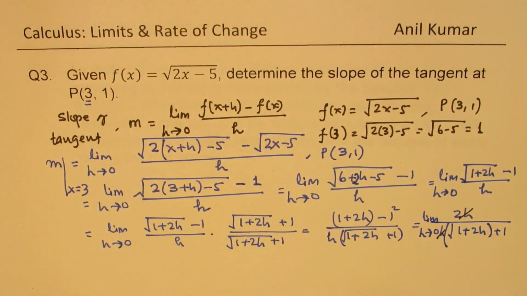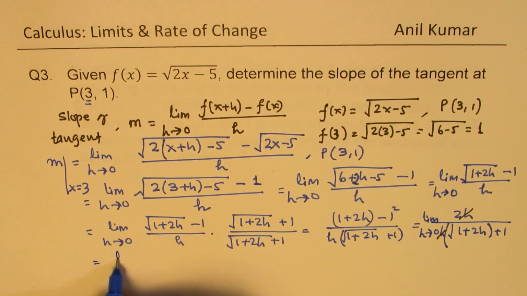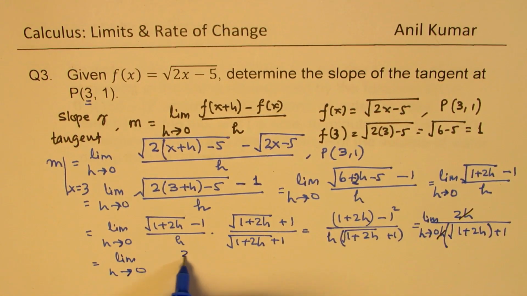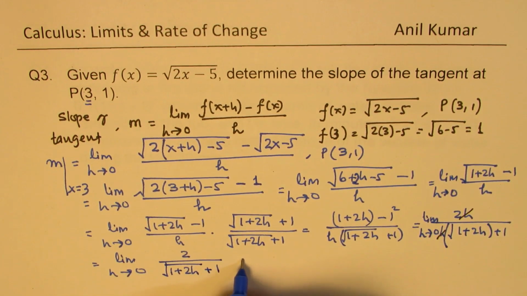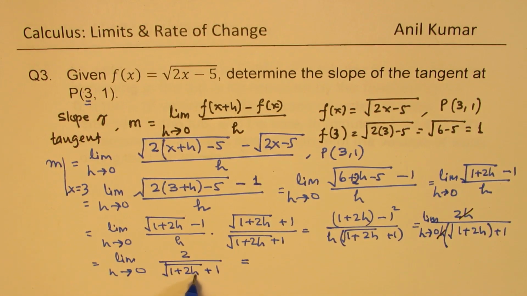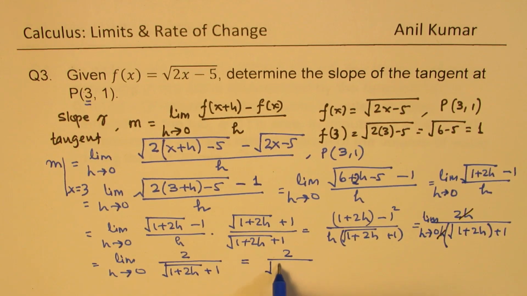So what you get here is equal to limit h approaches 0 of 2 over the square root of 1 plus 2h plus 1. Now when h approaches 0, we can substitute 0 now. So we get 2 over the square root of 1 plus 0 plus 1, right?